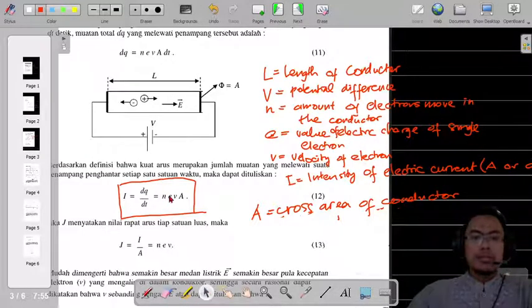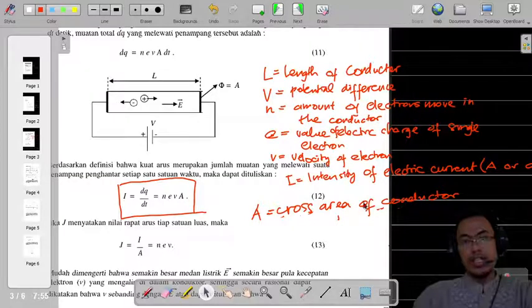And then v is the velocity of the electron, because the electron will move from one point to another point at a certain velocity. So v will represent the velocity of the electron that moves from point one to another point. And then A is the cross section area of the conductor.